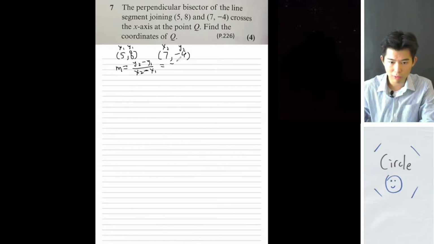So -4 minus 8 over 7 minus 5 equals -4 minus 8 would be -12 over 7 minus 5 would be 2, which gives -6. And that here would be the gradient between these 2 points.